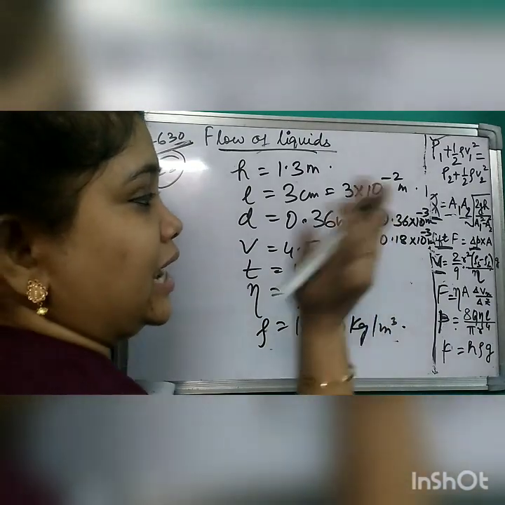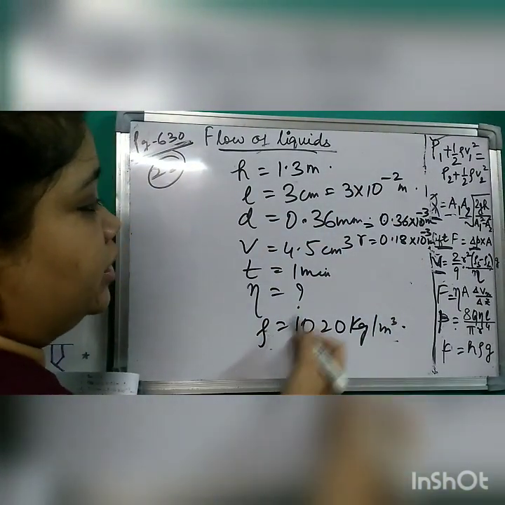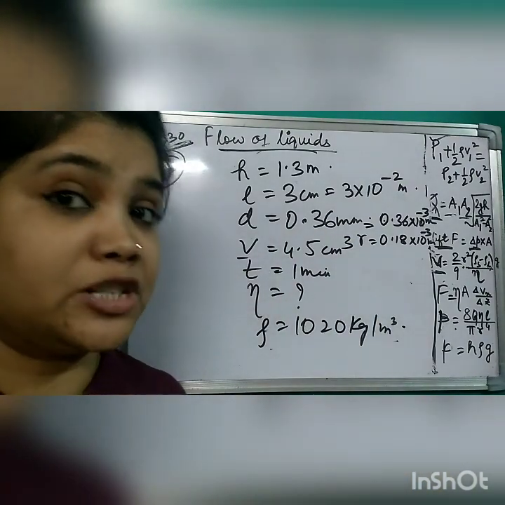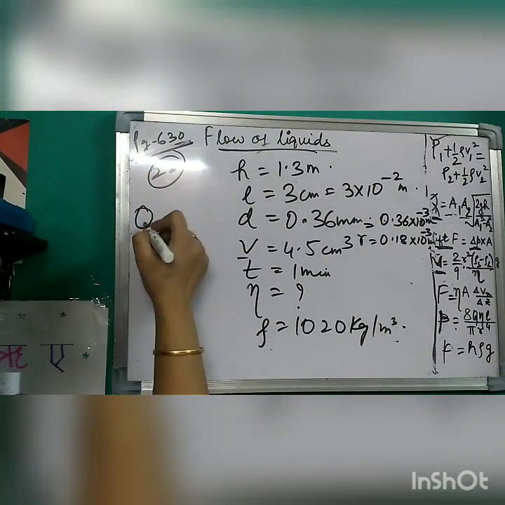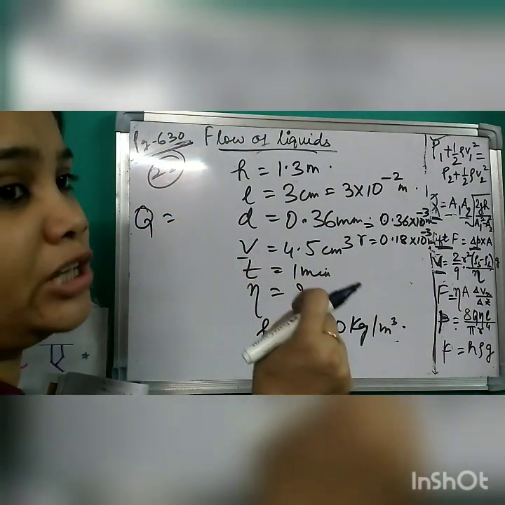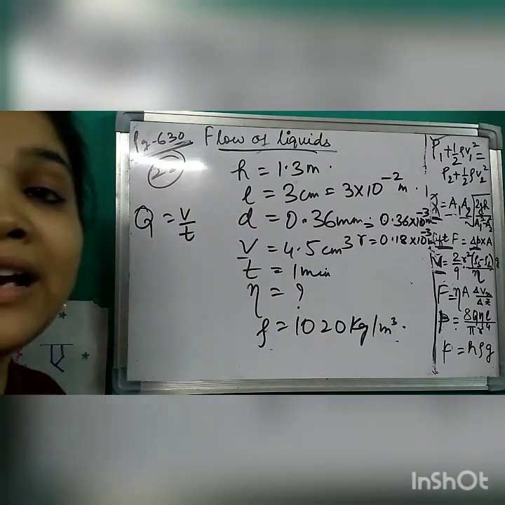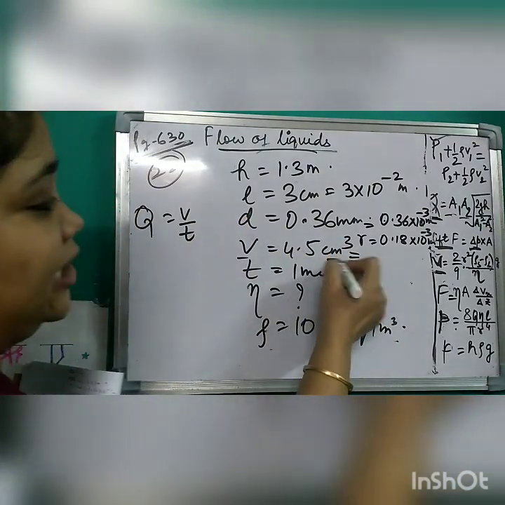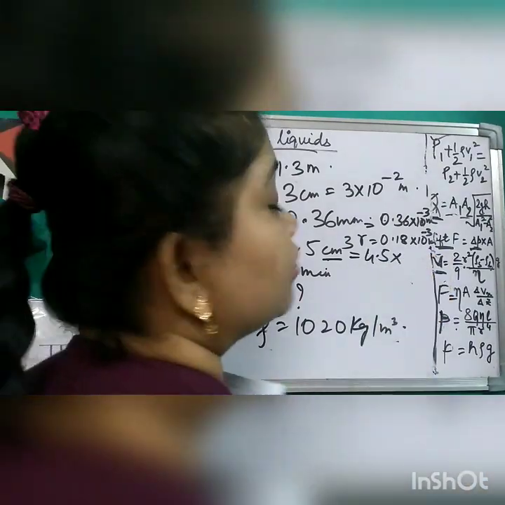I'm keeping it like this only. Now, volume is given in centimeter cube, so first we will convert it into meter cube, and then we have to find out Q. Just now in the previous sum I told you, if V and T are given, to find Q, it is V by T. So first let me convert volume from centimeter cube into meter cube. 4.5 centimeter cube is how much meter cube?